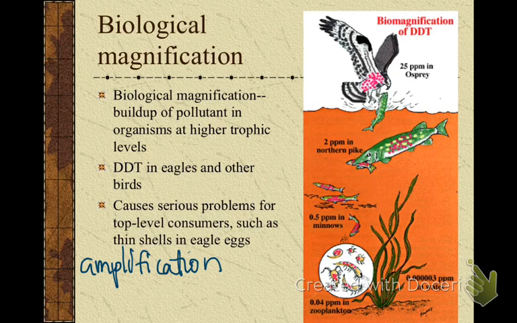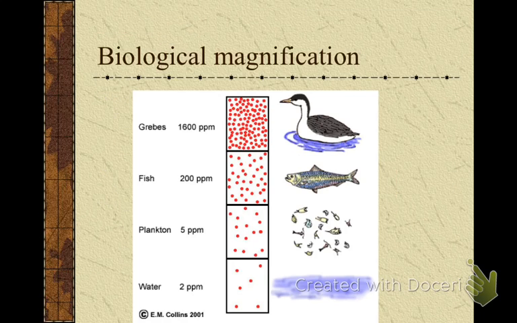And for some reason, I loved talking about biological magnification so much that I put three different slides about it. I apparently put them in and forgot to take one out. So this is also showing you the concentration level of the toxic chemicals in each of the following food chains.